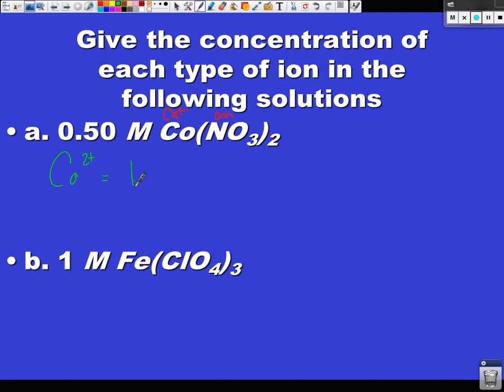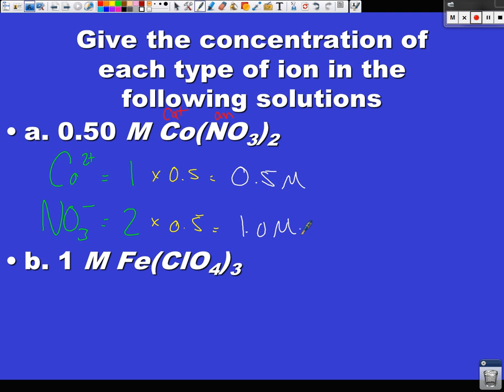How many anions do we have? Go back and reread that previous bullet. You multiply the concentration of the solution by the subscript, true or false? So we are going to multiply both of these by the concentration. What is the concentration of the cobalt ion? 0.5 molar. What's the concentration of the nitrate ion? 1.